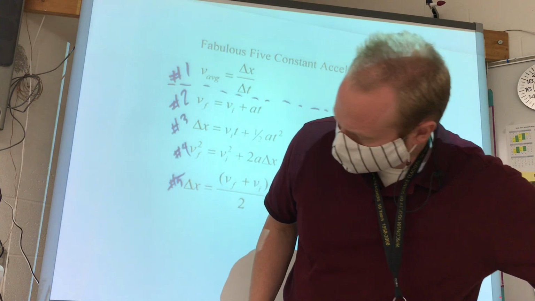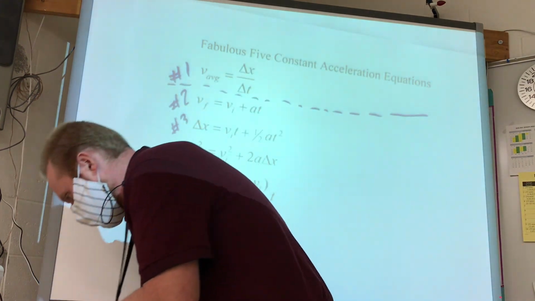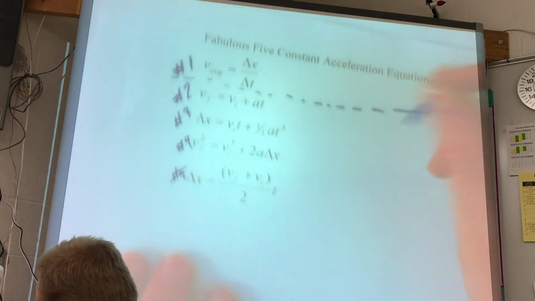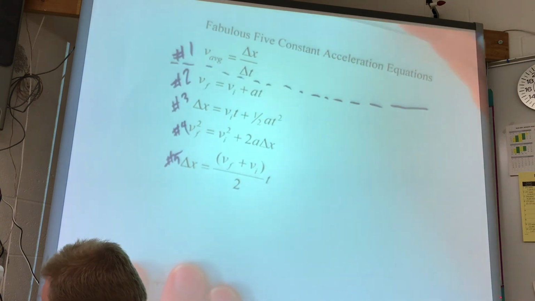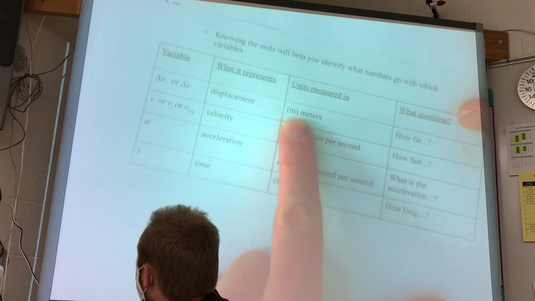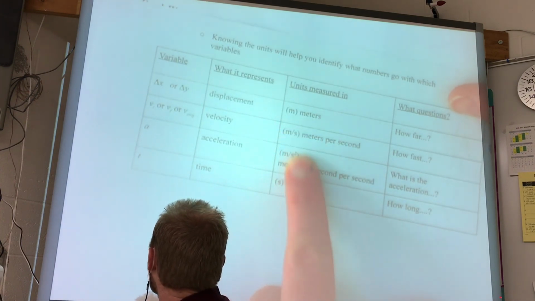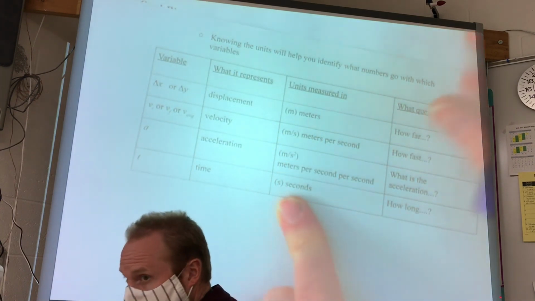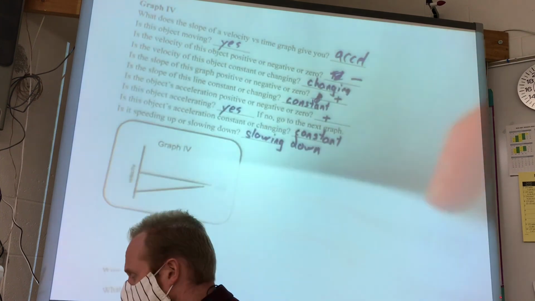When we solve these equations and set them up, I read a problem, I circle the numbers, and I use the units, these meters per second, these meters per second squared, these seconds, to help me identify what variable each thing is.